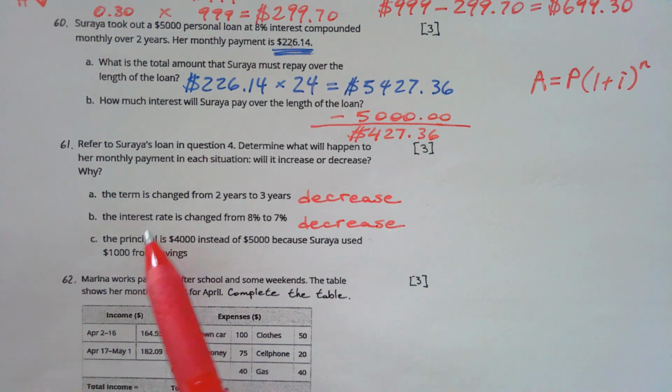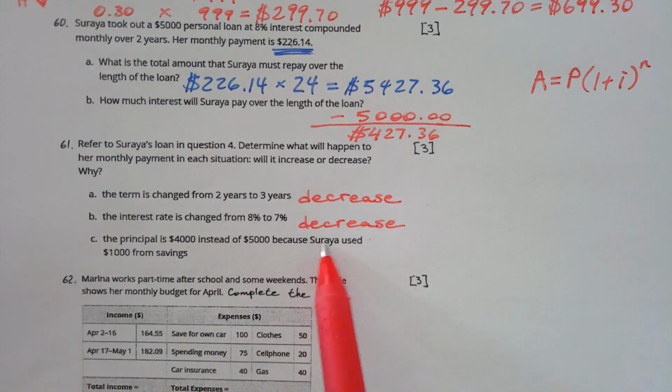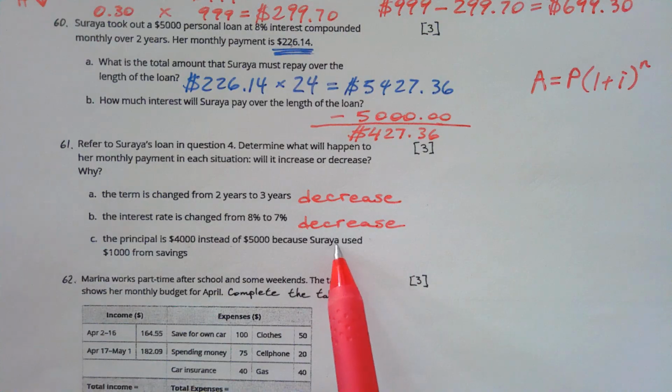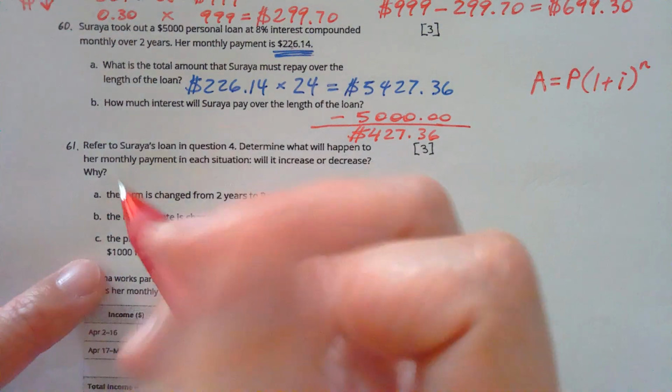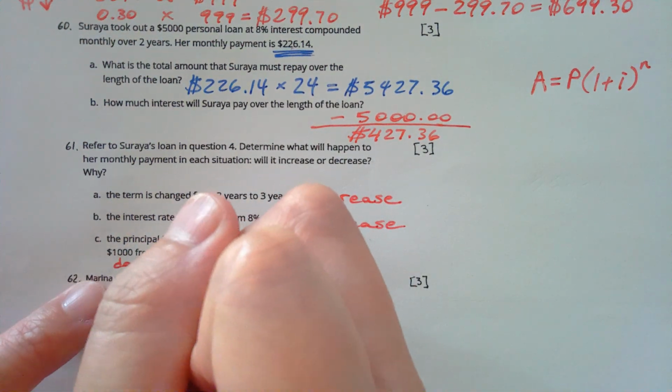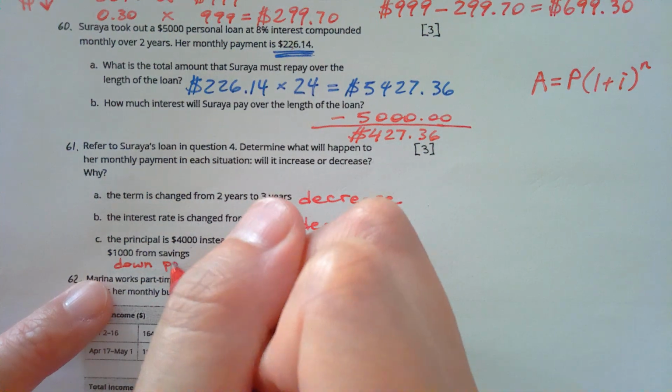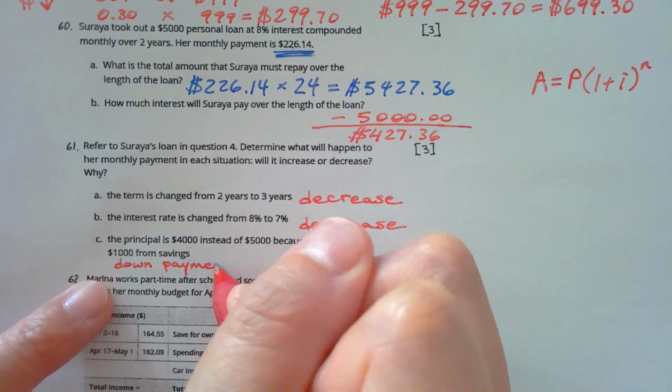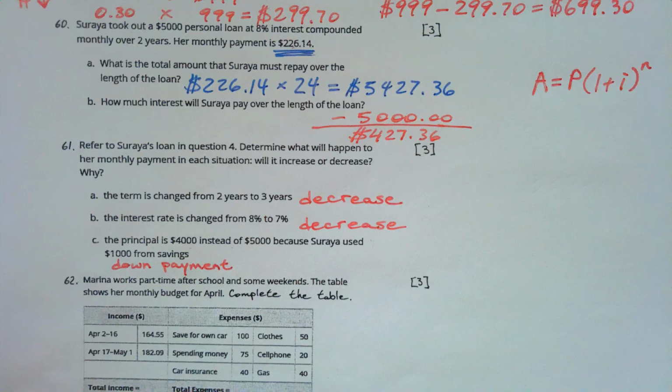The principal is 4,000 instead of 5,000 because she put a $1,000 down payment. Down payment means reduce your principal. So if you reduce your principal, you don't have to borrow as much money now. What will happen to your monthly payment?